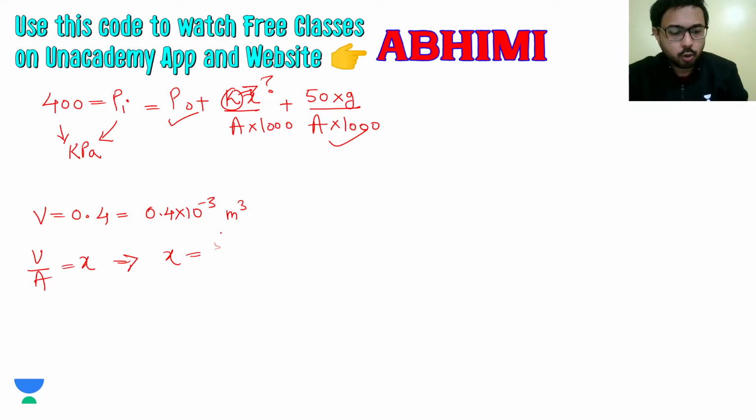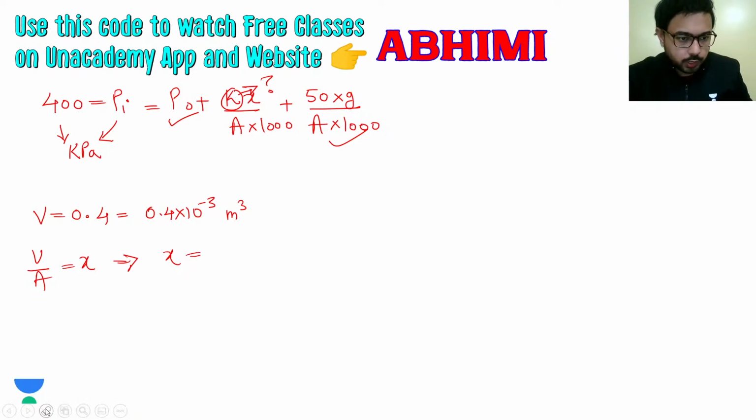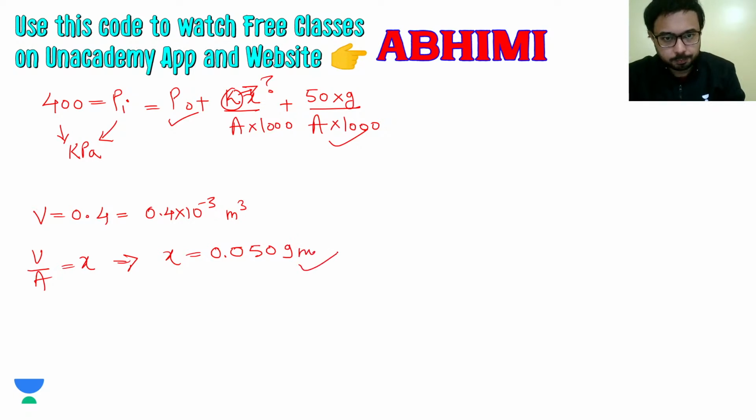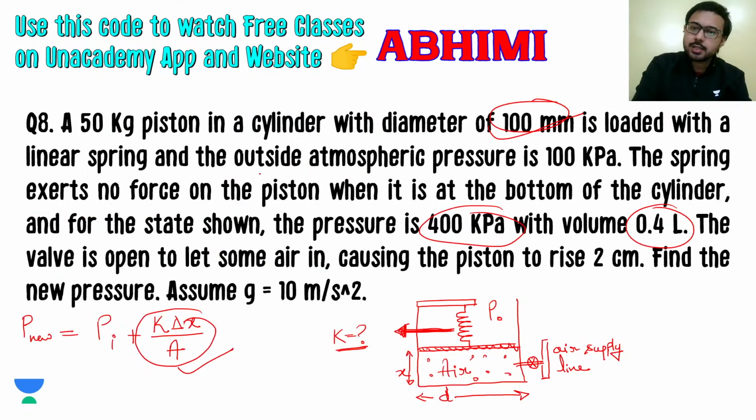So x is coming out as 0.0509. This was the exact value, up to this many decimal places, in meter. And now let's calculate k here. So what will be the k from this equation? 400 minus P naught. P naught in the question is given as 100 kilopascal.